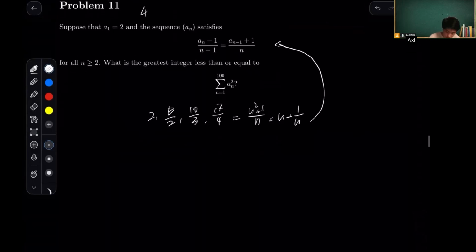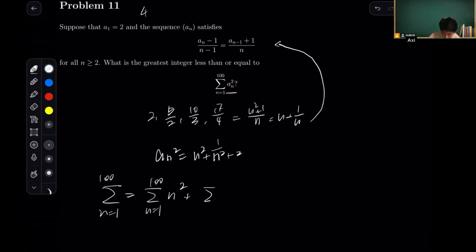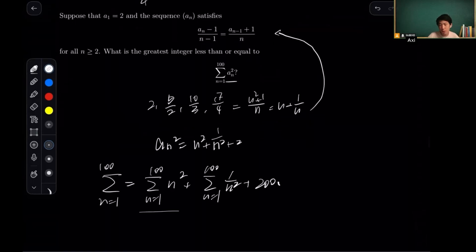Therefore, since we're interested in a_n squared, this is simply equal to n squared plus 1 over n squared plus 2. So the sum of them is equal to the sum of n squared plus the sum of 1 over n squared plus 200. The first thing, applying the formula we derived previously, is 338350, a huge number. And this is 200. So now we're really just focusing on this guy.